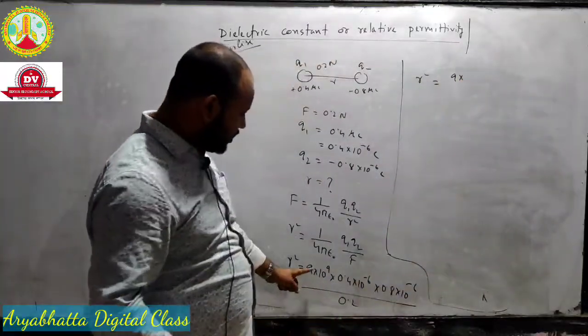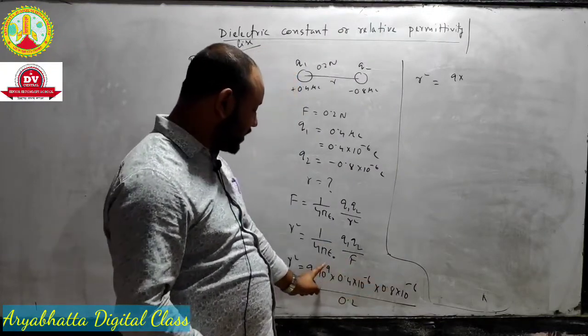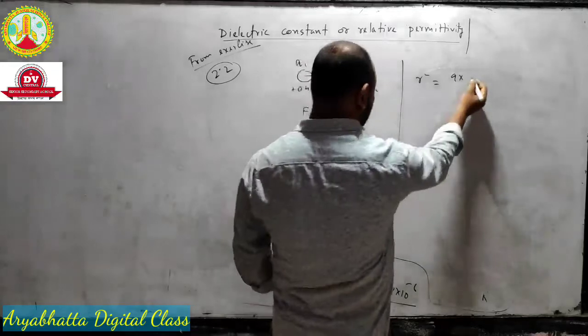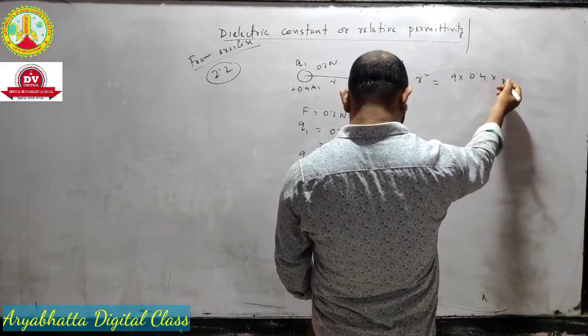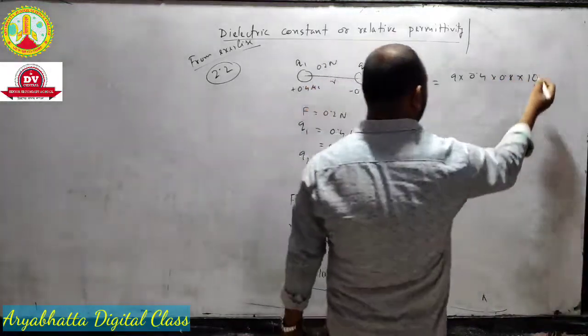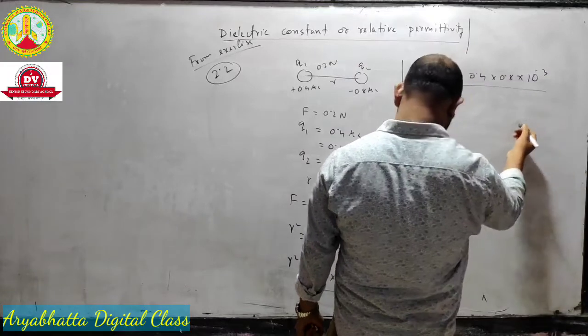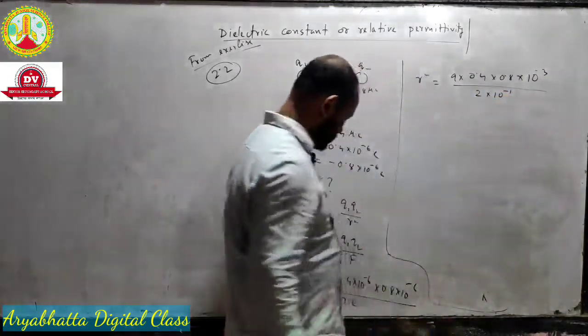9, 10 to the power minus 6 and minus 6, so minus 12 plus 9, so it will be 10 to the power minus 3, with 0.4 and 0.8, divided by 2 into 10 to the power minus 1.